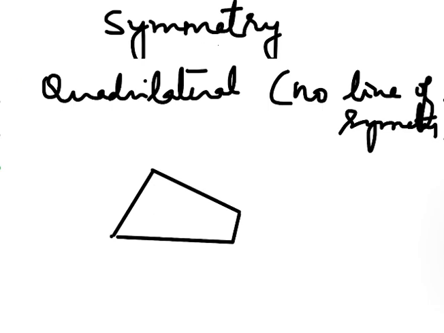Oh, wait, it's a quadrilateral. I cannot have any kind of symmetry in this one, isn't it? We can't have any kind of symmetry, so this doesn't work, or none of them works. Not this, not this. Nothing will work.